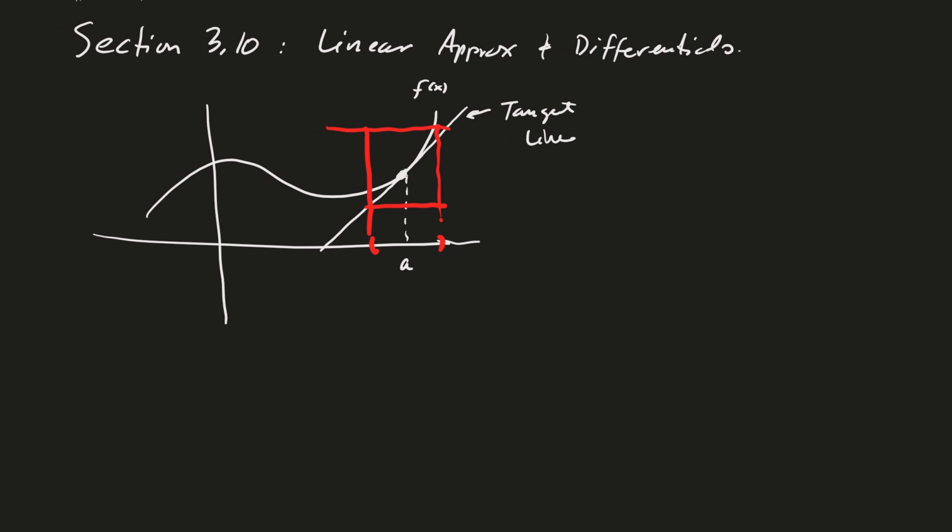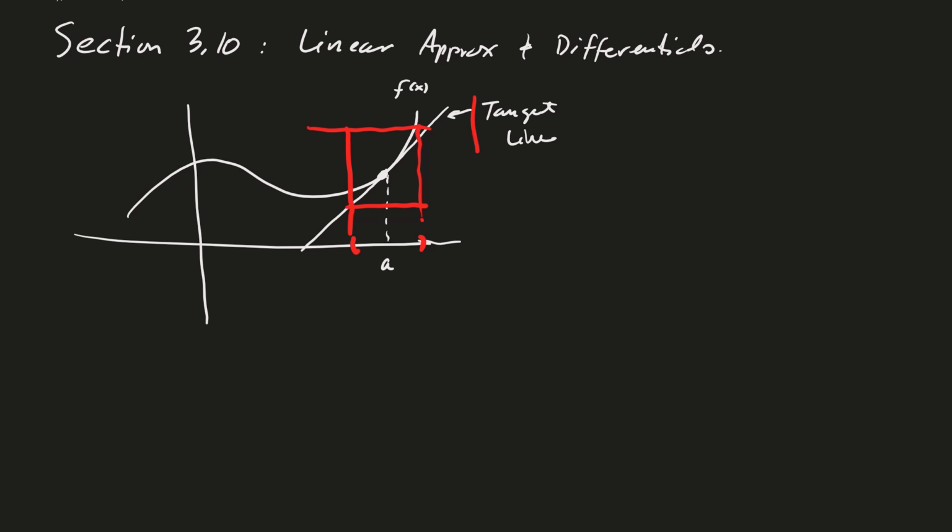And so the idea is that you can use the tangent line to approximate the function. And in fact, the approximation is exact at the point a, f of a.